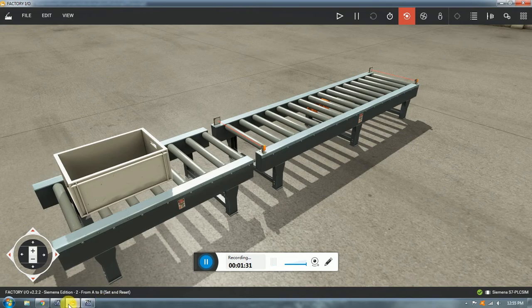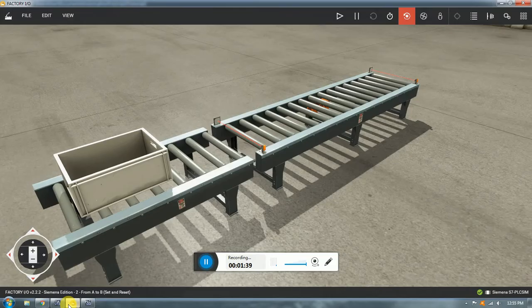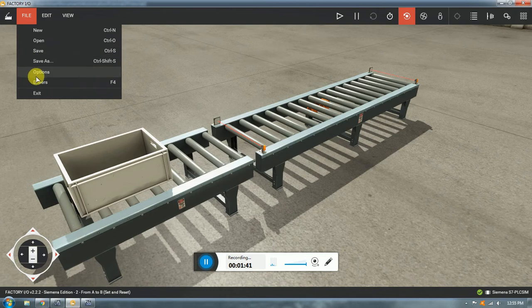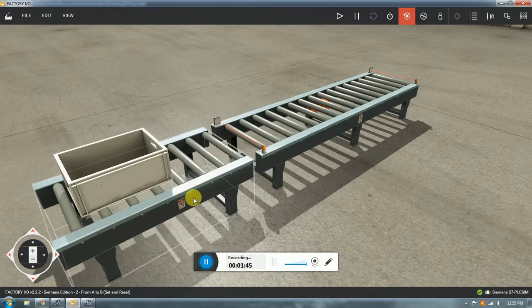So how did I do it? We're only going to use 4 tags: 2 outputs for conveyors 1 and 2, and 2 inputs, 1 and 2, for the respective photosensors or retro-reflective sensors.